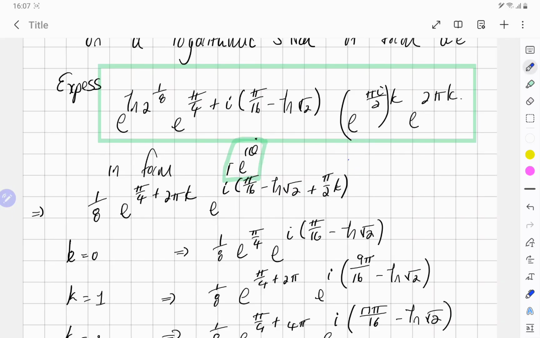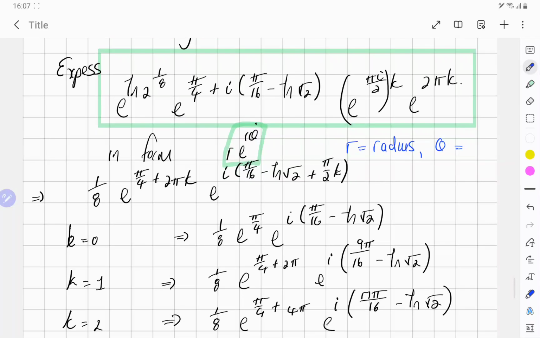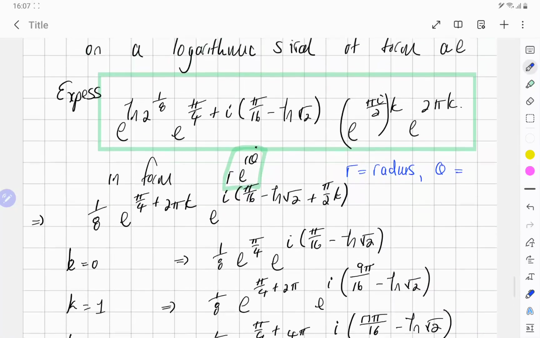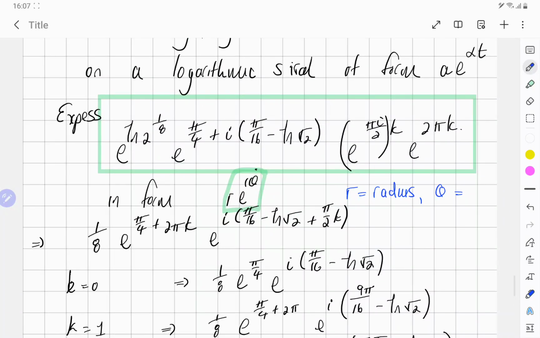Why? Because then I can get my radius, and I can get my theta, and I can sketch from there, because remember that is polar form for a complex number. So what I did here, so remember from before, this is just equal to 1 over 8.